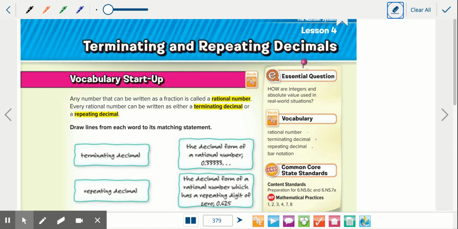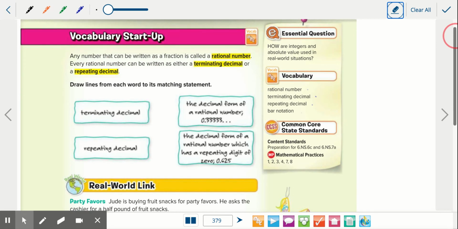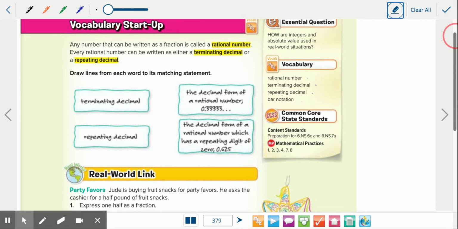You already actually know how to do this. We're just going to add a little bit to it, which includes the repeating decimal piece. So we have decimals. We know how to change our fractions to decimals. Fractions to decimals, we are simply just doing the numerator divided by the denominator.